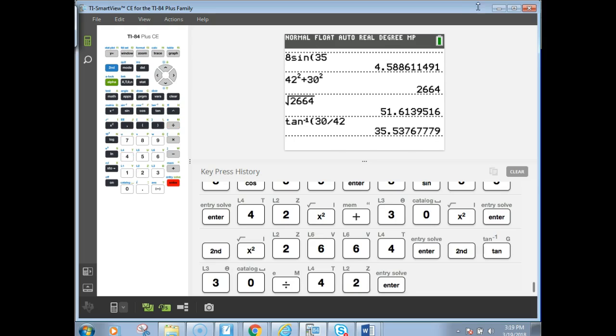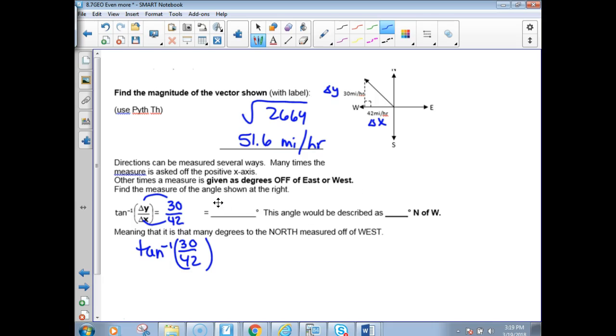And that's 35.5 degrees. So this angle would be described as 35.5 degrees to the north of west. That means it's that many degrees to the north measured off of west. That was my theta.